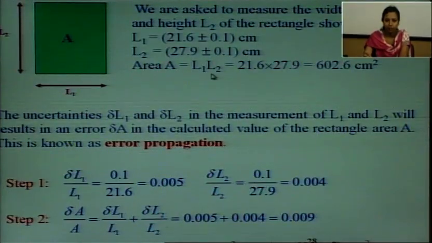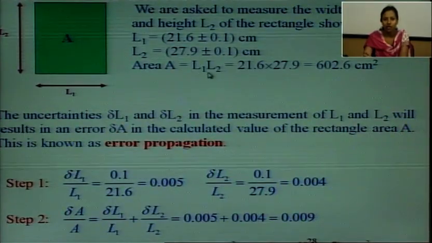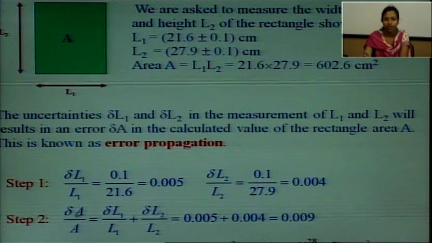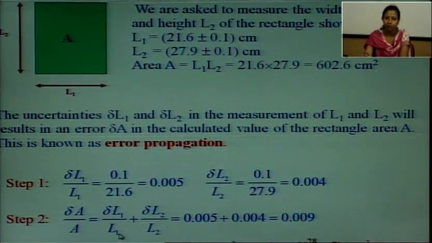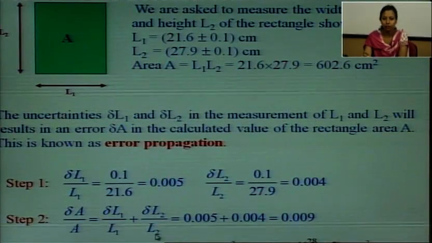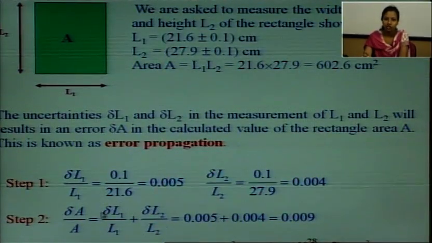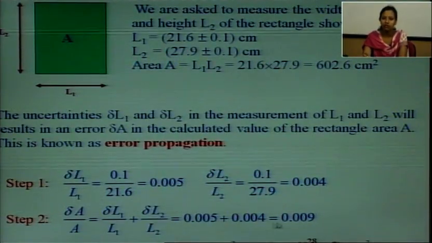Area is L1 times L2 and its relative error is the sum of the relative error of L1 and the relative error of L2. So delta A upon A is equal to delta L1 upon L1 plus delta L2 upon L2, which is 0.005 plus 0.004.